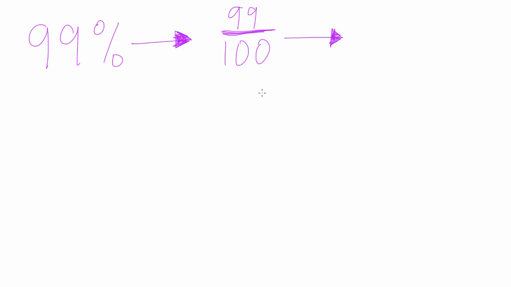Now write it as a decimal. Check your cheat sheet. What should you be doing? Read that down as division. Divide by 100, move that decimal point twice.